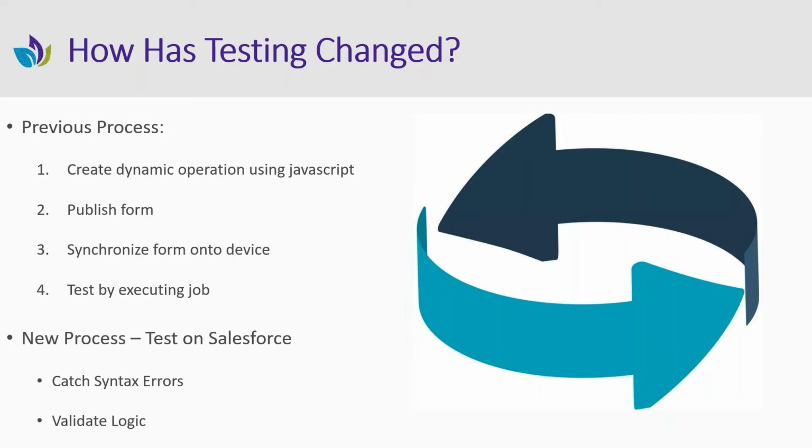You would then need to publish the latest version of that form. Then on your mobile device, you would need to synchronize the latest version onto that device. And then you would test the dynamic operations by executing the job and getting to the question that has the dynamic operation in it and testing to see whether it's working or not.